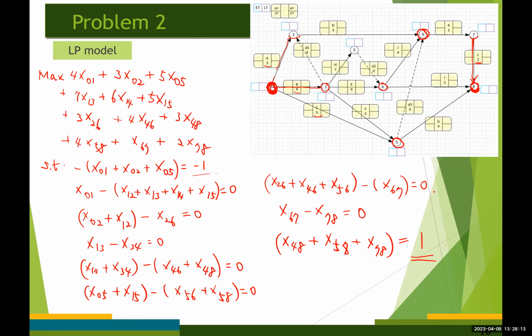The net flow value must be equal to 1. Okay. And all of the decision variables have non-negativity restrictions for every i and j values. So putting together, this is the complete LP model.